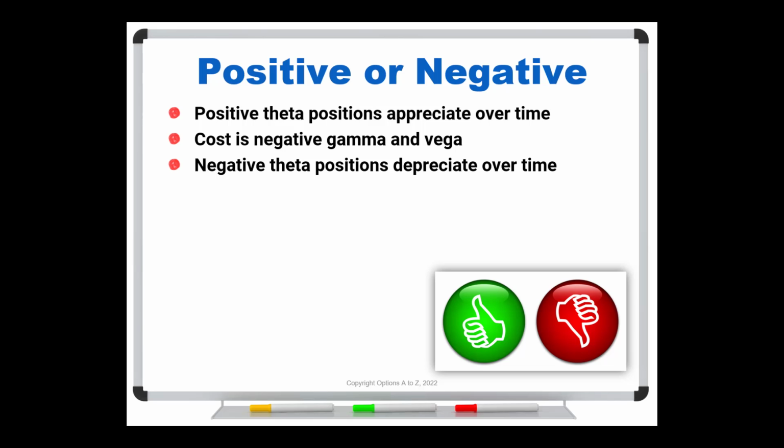Now, on the flip side, the negative theta positions depreciate over time. And the benefit is that you have positive gamma and positive vega. You're going to have these deltas that are going to be manufactured in your direction, meaning that if you're bullish, they're going to be generating more and more deltas if that stock in fact goes up, at least up to the amount that that contract controls.